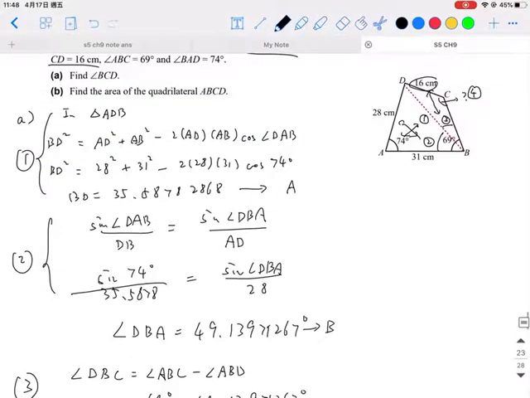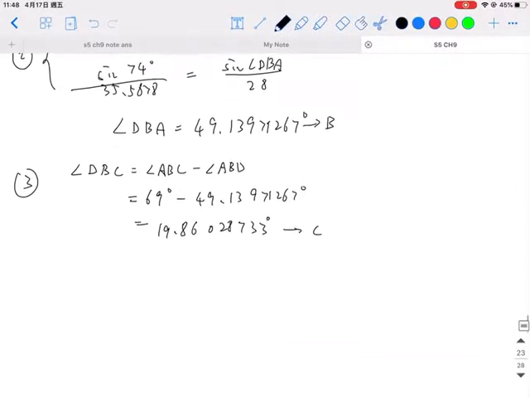Okay, the last part. As we know the pair of it was 60, our answer 3, and the DB we know from part 1, so we can get the angle DCB. So for the last part, part 4, I will apply the sine formula.